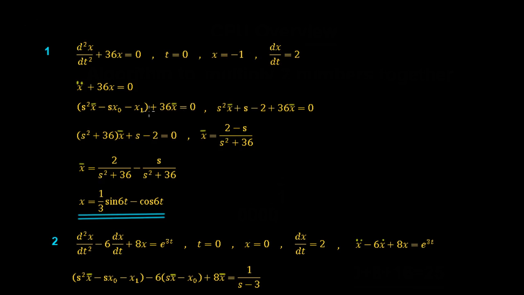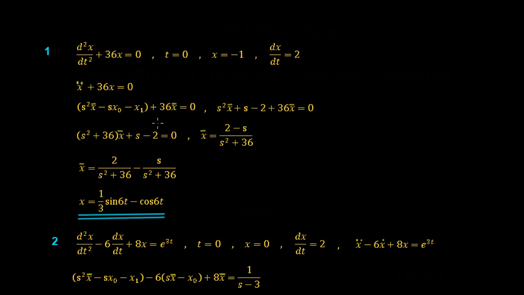Then multiplying out the brackets and putting in the initial conditions: x at t equals 0 is minus 1, so x0 is minus 1, and dx by dt equals 2, so x1 becomes 2. So we have s squared x bar plus s minus 2 plus 36 x bar equals 0.